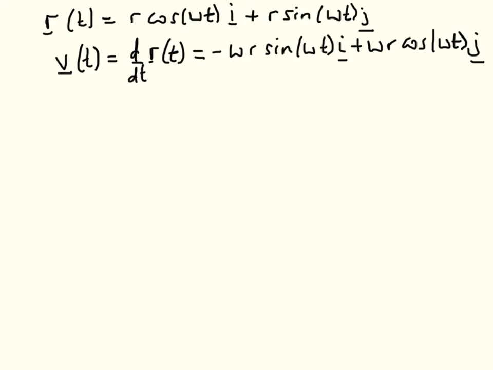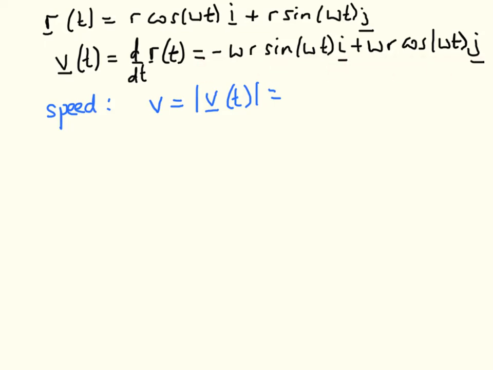So this is the velocity, and what about the speed? Well, the speed is the norm of the velocity, so the speed v is given by the modulus of this vector.